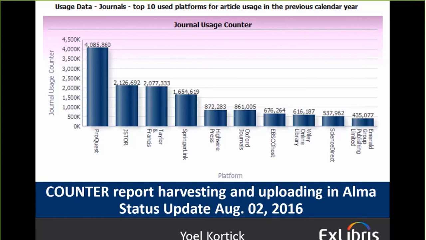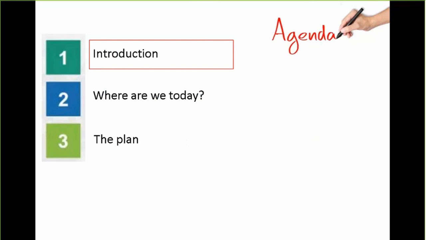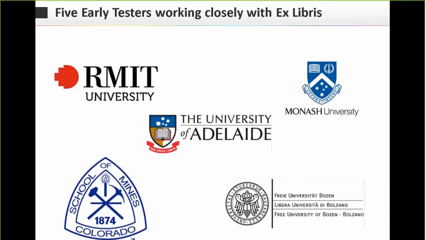Okay, great. So we've gone about this in a very organized, systematic manner. We started with 5 test partners, development partners, people working with us since the beginning in testing it. They've been live using this since August 1st.